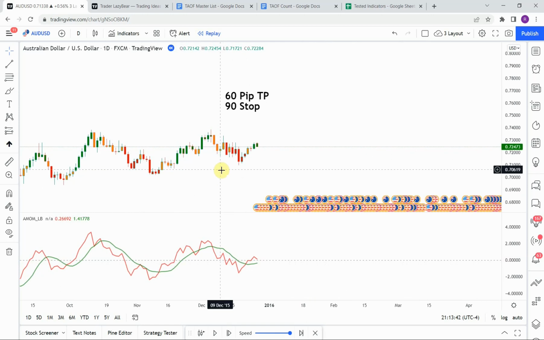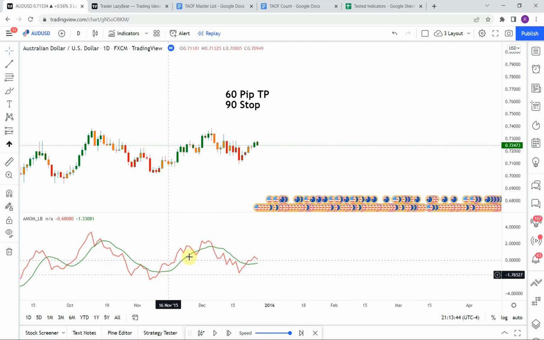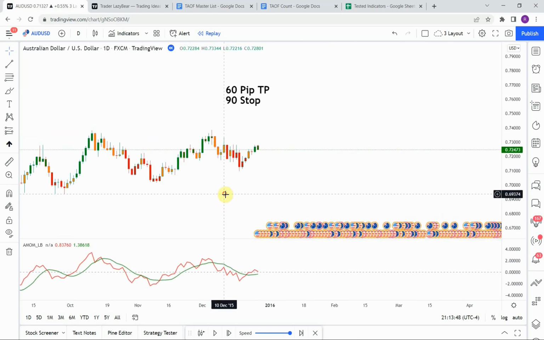And so really we don't need to pay much attention to this pane down here below. What we're actually looking for now is up here on the bars themselves. Basically, when we get a green candle, then we are going to go long.